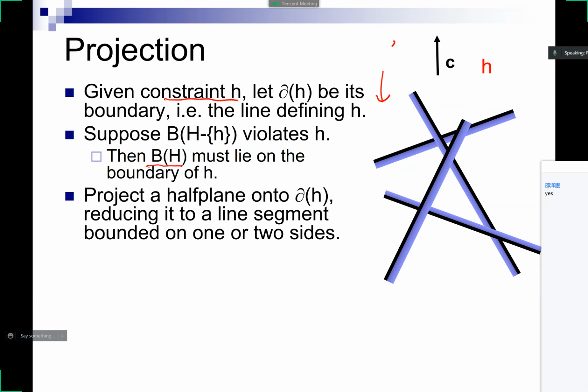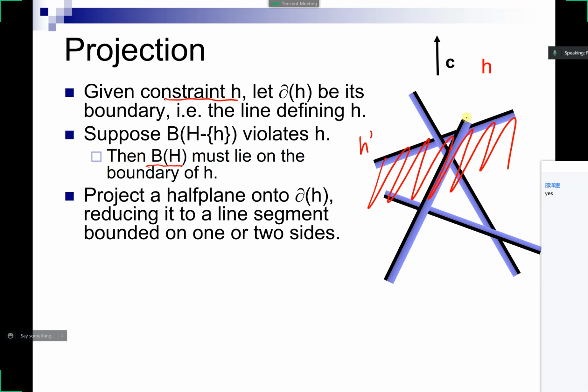Next we're going to project all of the other constraints onto H also, because we need to satisfy all of these other constraints as well as H. So now let's pick this constraint. This is the next constraint we're going to try to satisfy, and it says that everything has to lie on this side.